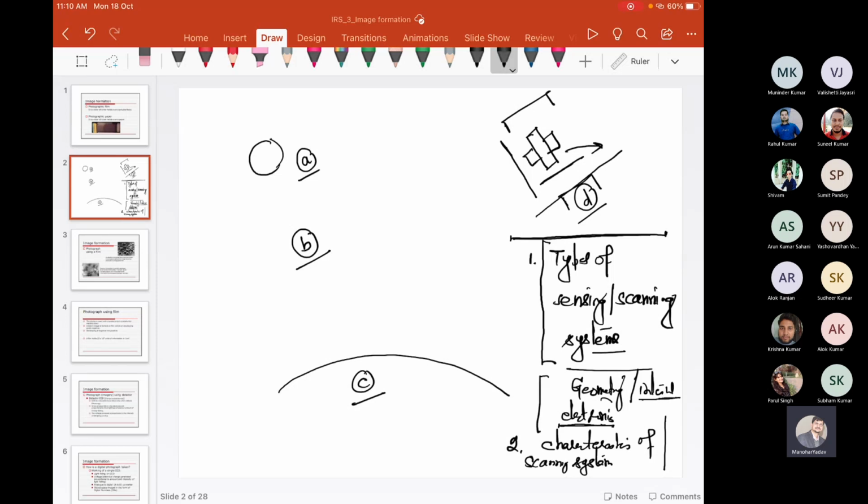Through the understanding of these four steps, you can derive the concept through which we generate the image, and based on the application, we can decide what kind of data set is required. In which particular band you require the data that needs to be processed for a certain application, okay?